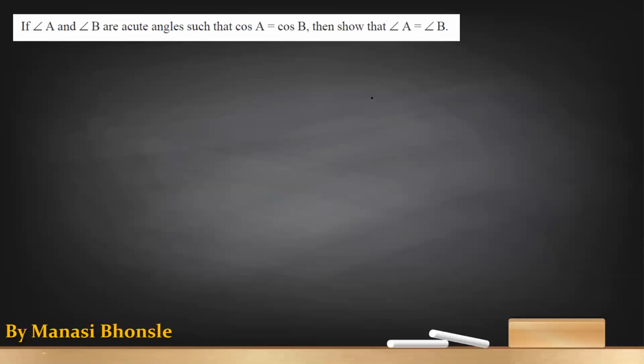The next question says that if angle A and angle B are acute angles such that cos A equal to cos B, then show that angle A equal to angle B. Okay, let us consider a right angle triangle. This is your right angle triangle.